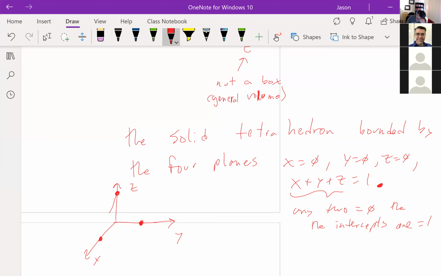Wouldn't that be part of this plane? That's the tetrahedron we're talking about, bounded by these 4 planes. Think of it as a pyramid, but with 4 sides. A tetrahedron is just a 4-sided pyramid.